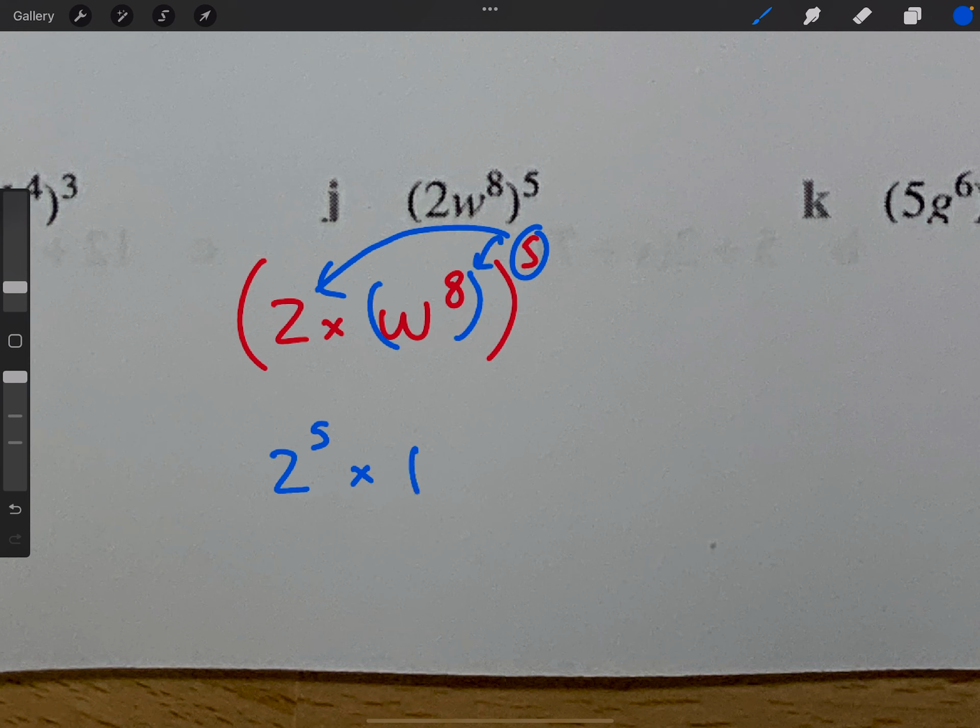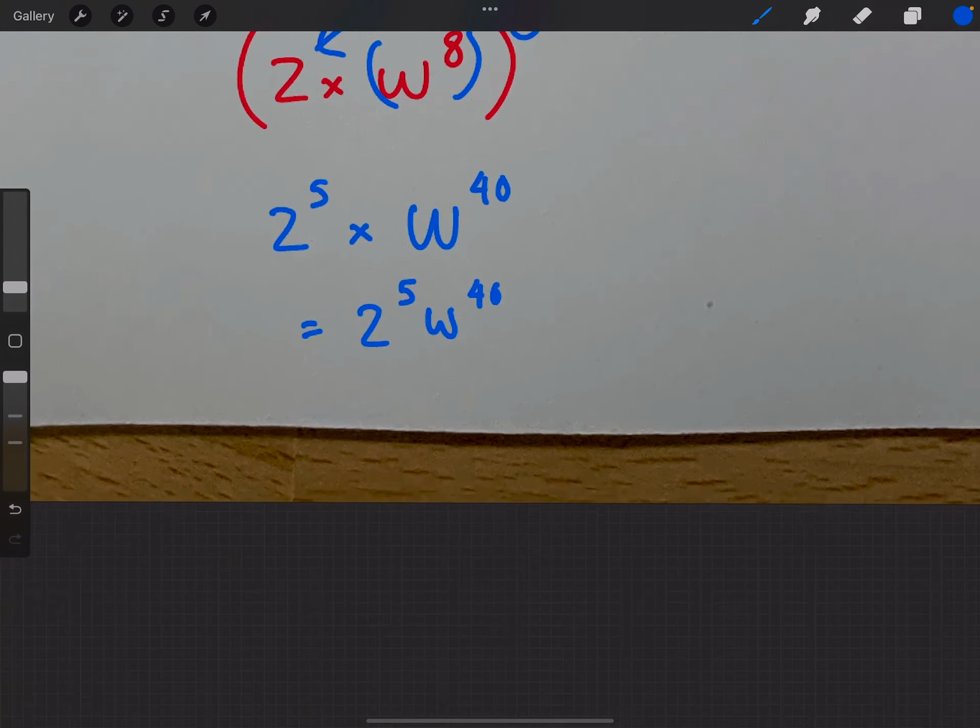So 8 times 5 is 40. That means the answer is 2 to the 5 w to the power of 40. Now 2 to the 5 you have to work out, it's going to be 32. So 32 w to the 40.